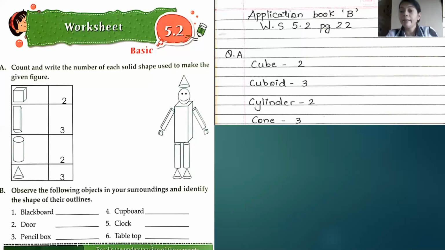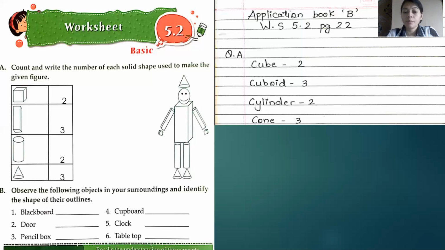I hope you all are done till here. Okay, then write how many cylinders? 2. So write the spelling of cylinder, that is C-Y-L-I-N-D-E-R, cylinder. Then put a dash and write 2. In the same way how teacher has written in the notebook.